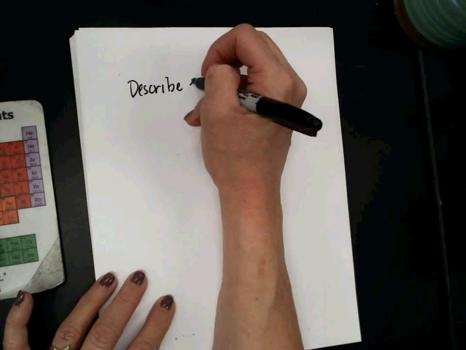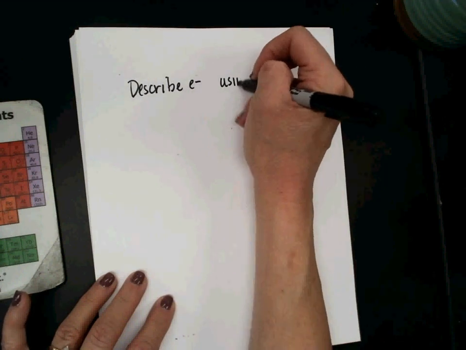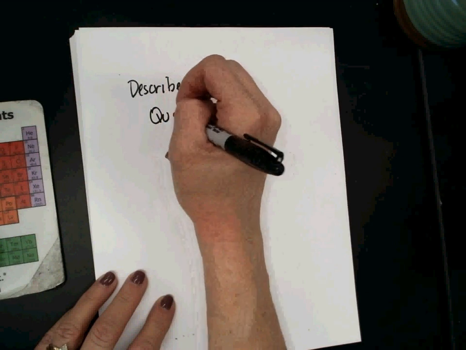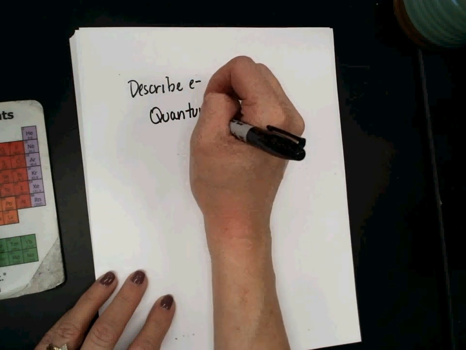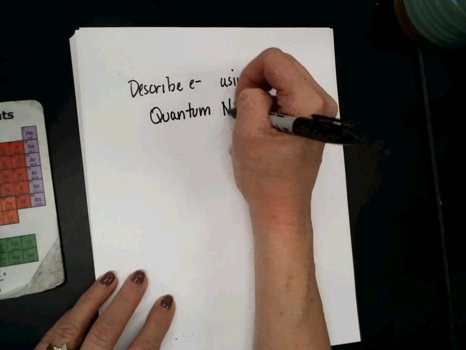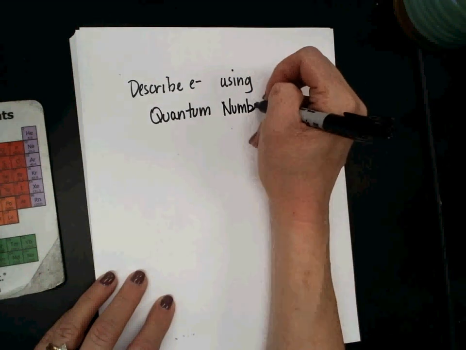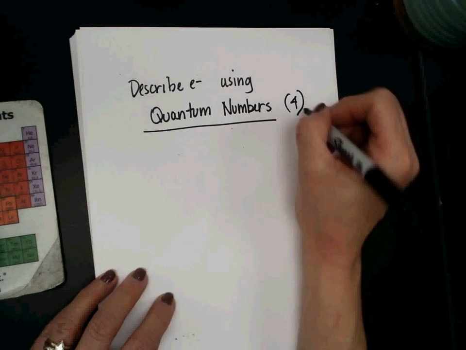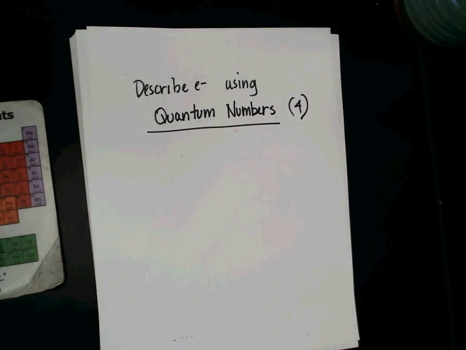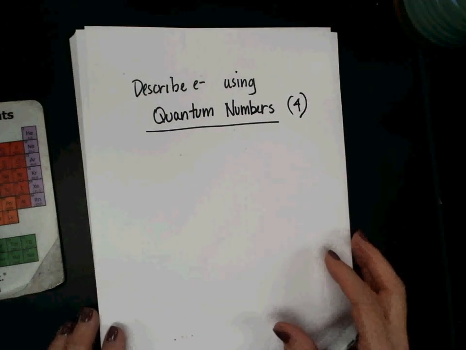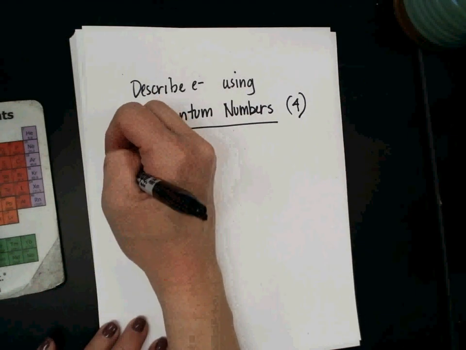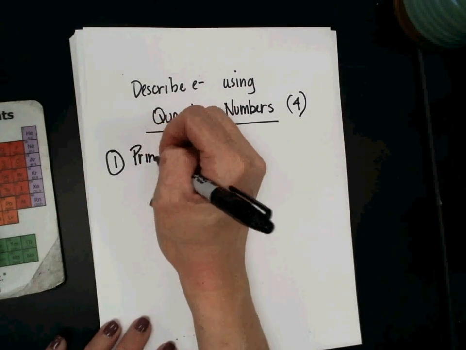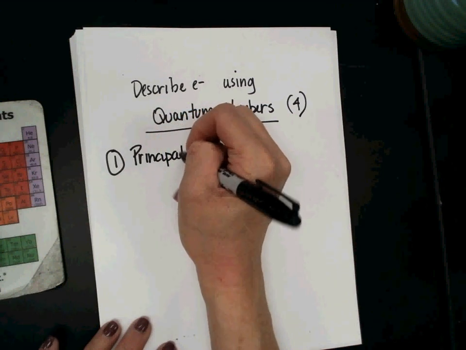We describe electrons using quantum numbers. And there are 4 of them. We only really worry about 2 of them in Chem 1. So I'm going to get through these today.